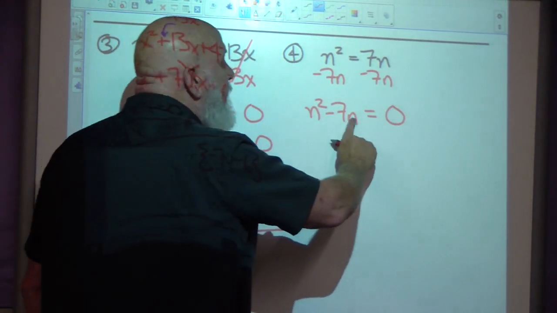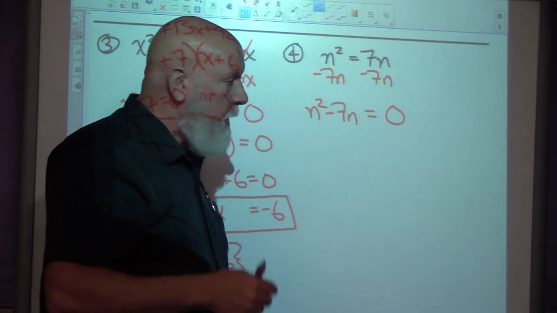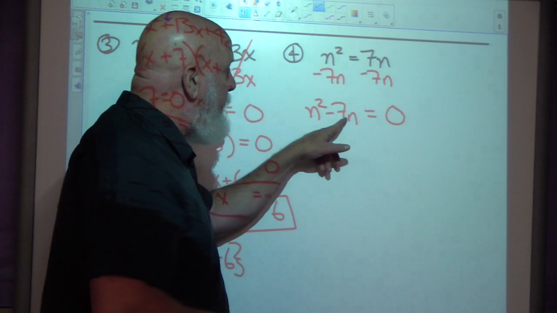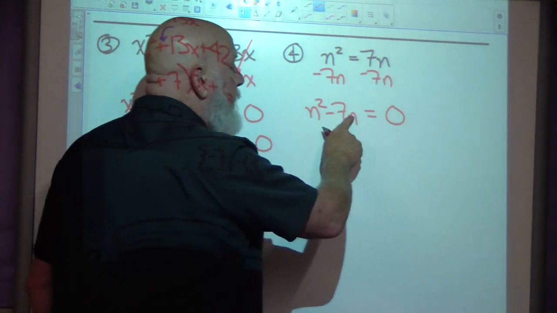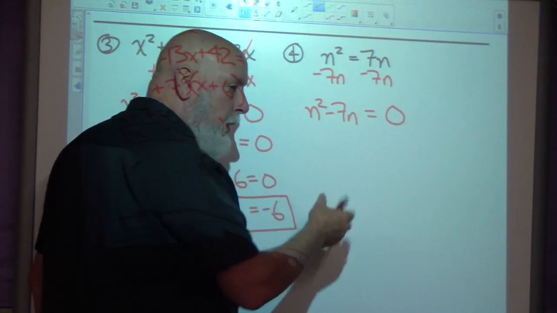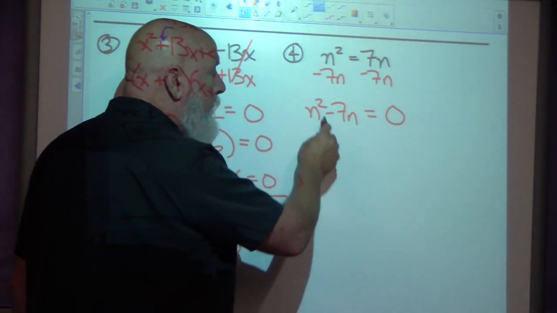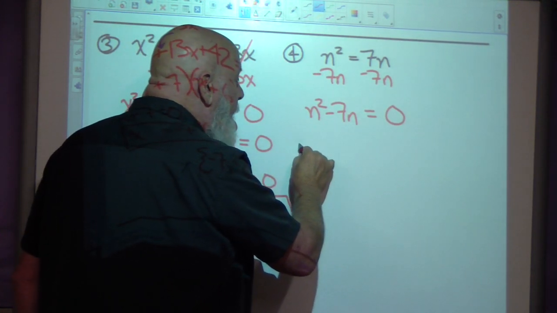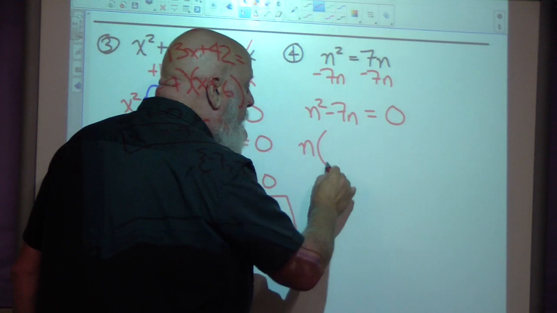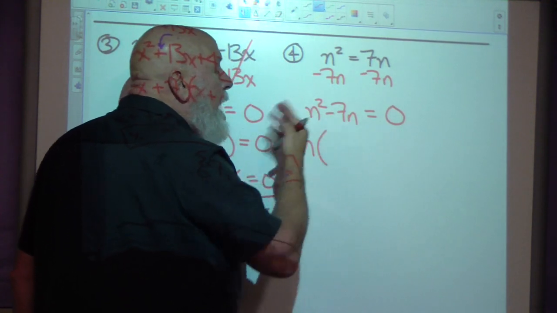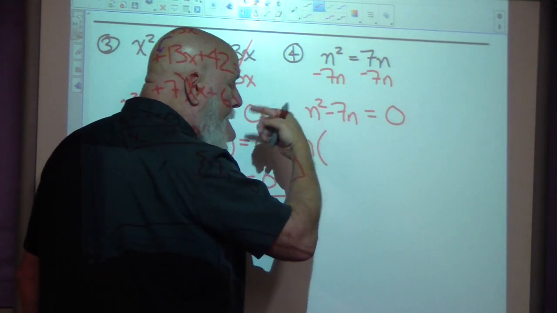Now I've got this thing equal to 0, I want to factor. Well, this is not a trinomial, it's a binomial. So I'm just going to look at it and ask myself, is there anything that both of these have in common? And there is, they both have an n. So I'm going to write down the n, open a parenthesis, and then term by term, divide each term by n in my head.